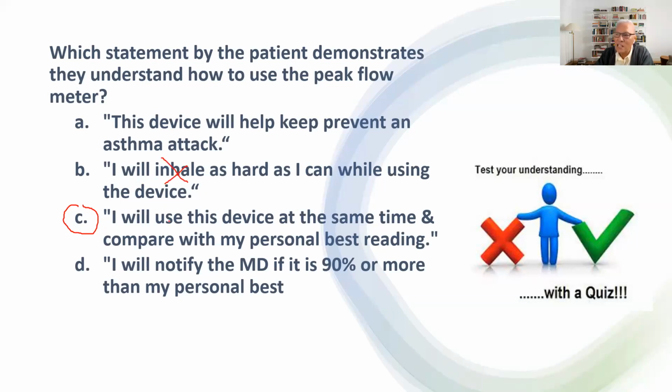See, it says inhale, and that would be incorrect. And option D, if the flow rate is 90% of personal best, this is a good reading. It's not a bad reading. Okay.